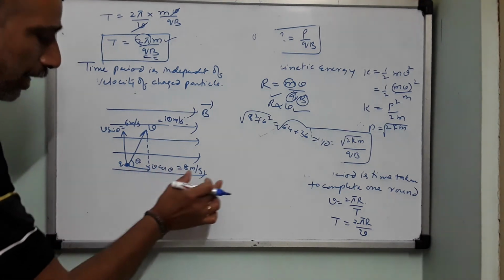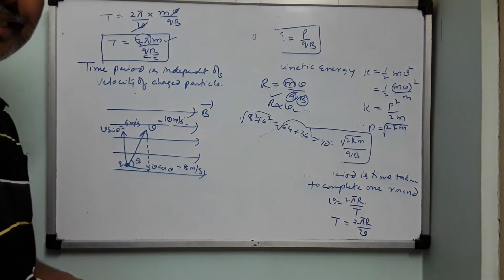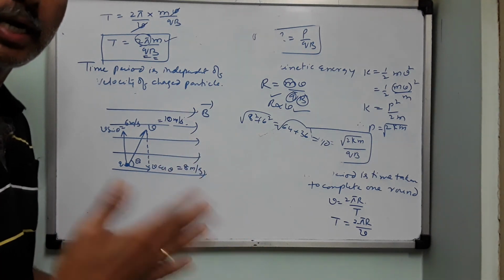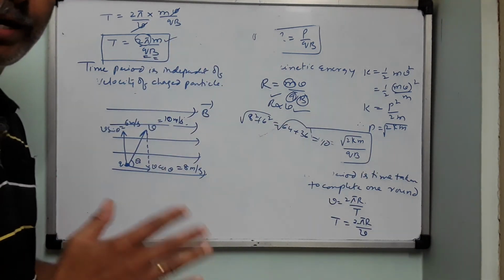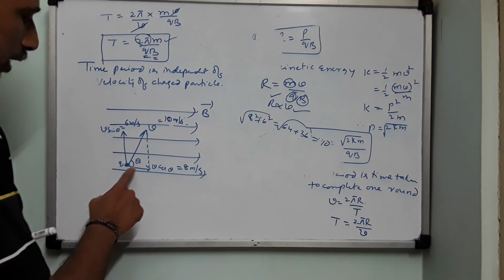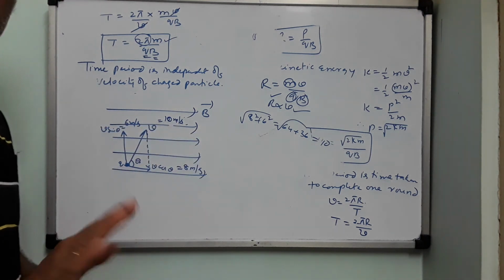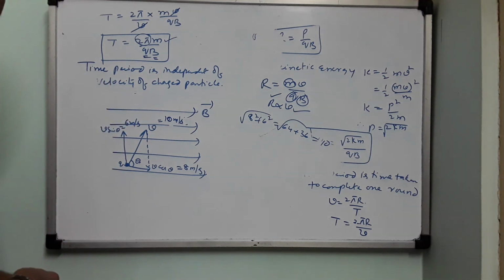This velocity of 8 meter per second is parallel to the field. We discussed in the special cases that if a charged particle is moving parallel to the magnetic field, it does not experience any force. It moves as if there is no field existing. So this component will help the charged particle to move in the horizontal direction. Clear? Now take the 6 meter per second velocity. How is it?